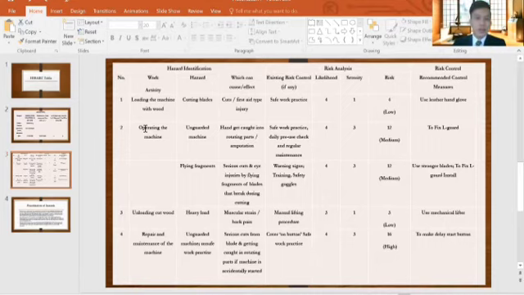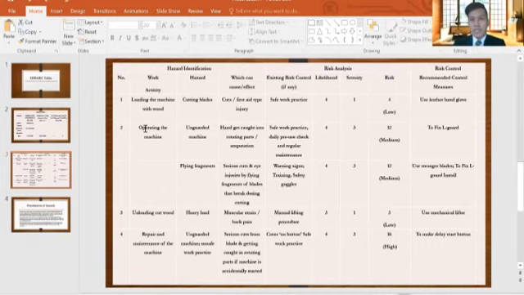So to continue, the third work activity stated here would be the unloading of cut wood. The wood can be considered as a heavy load that could cause muscular strain and back pain to workers.